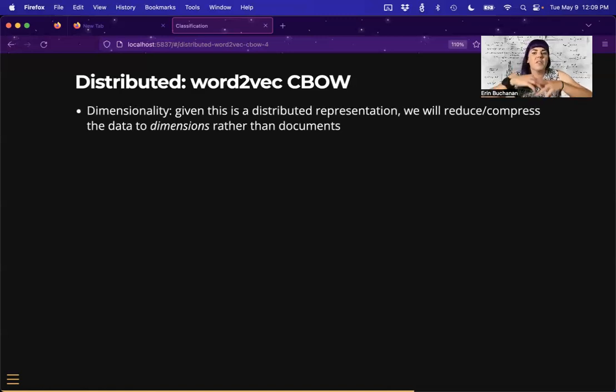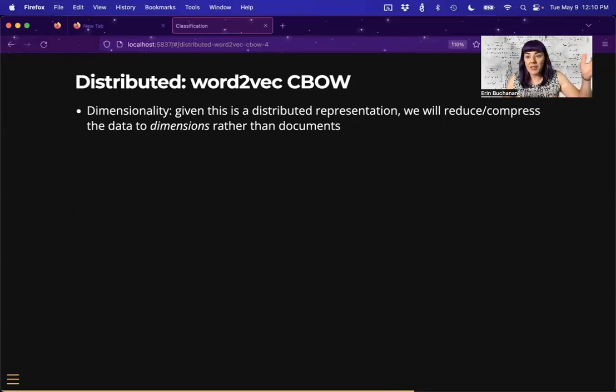Now, given that this is a distributed representation, we take all of these examples and their probabilities and we compress it into dimensions. This is what the hidden layer is doing. So instead of having a document by windows matrix, what we have are these dimensions, rather than documents.